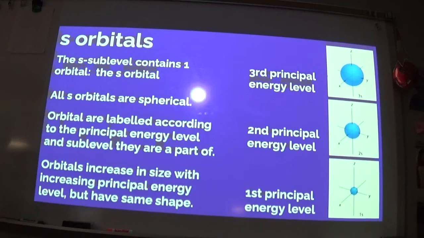You don't have to worry about the axes, like you don't need an X, Y, Z axis. I just want us to know the shapes. We are going to need to know what the shapes look like. So these are what S orbitals look like. They are a sphere, and they are larger or smaller depending on which energy level they're on. Cool? We okay with this?